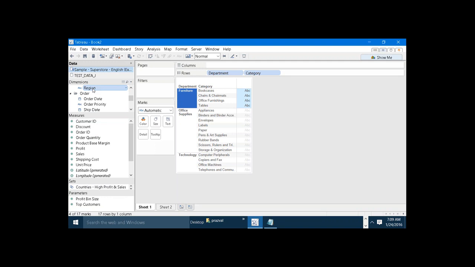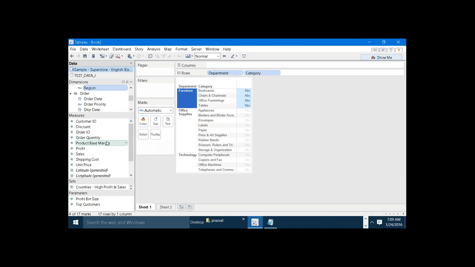And if we take minimum or maximum, it is going to give us region-wise minimum or maximum order quantity, which is also meaningful. So this order quantity is giving us meaningful outputs with the list of all the dimensions available. So order quantity comes under the additive measure.